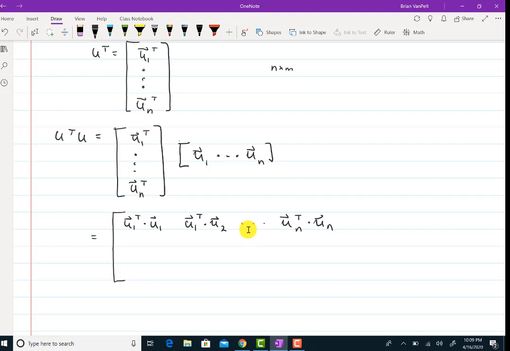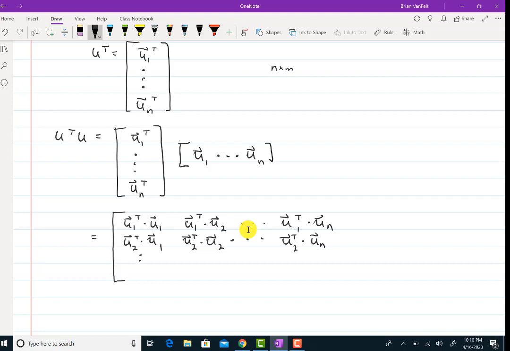Oops, I made a mistake. U1, sorry. The next row will do the same thing. Pretty much I'll have this time U2 transpose dotted with U1. And then we have U2 transpose dotted with U2 all the way until we get to U2 transpose dotted with UN.